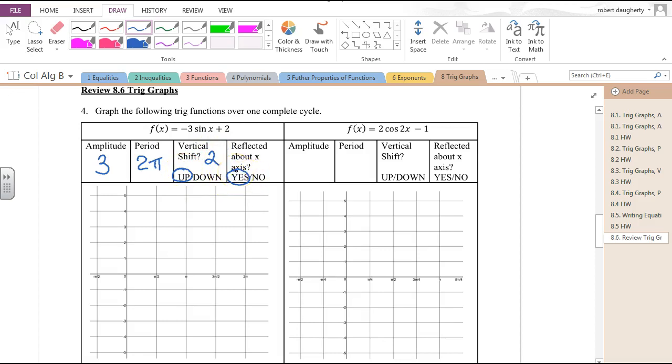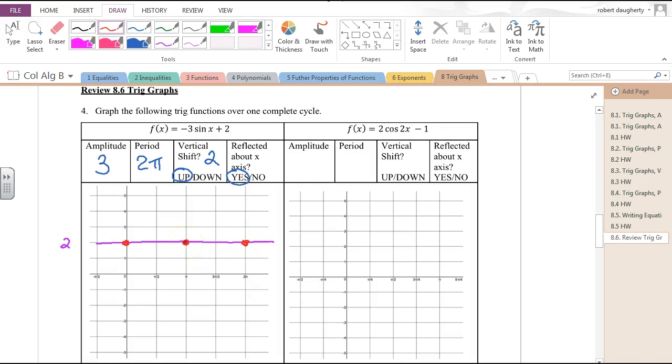So with the vertical shift, I know that's been shifted up 2, so I will have right here at 2. That's where I'll have the line. The amplitude is 3. So this is a reflected sine. So normally the sine starts at 0, ends at 0.